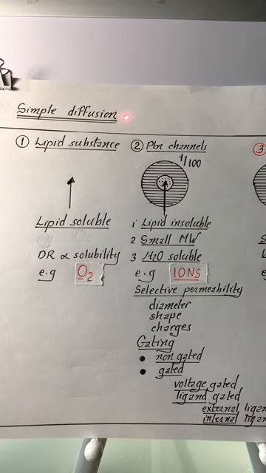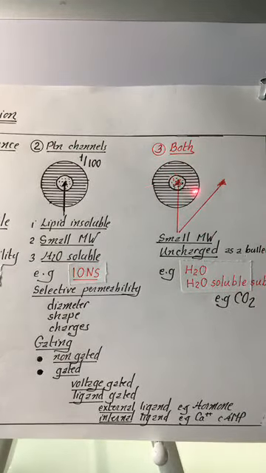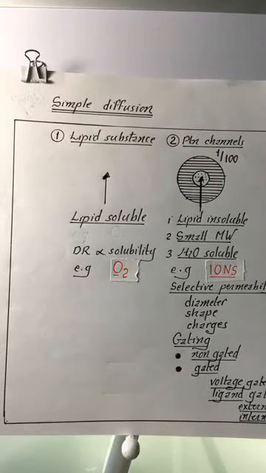simple diffusion has three ways to occur. The molecules can pass through the lipid substance, number one, protein channels, number two, or both protein channels and lipid substance, number three. Think with me. What do you think the character of the substance should be in order to pass through the lipid substance?